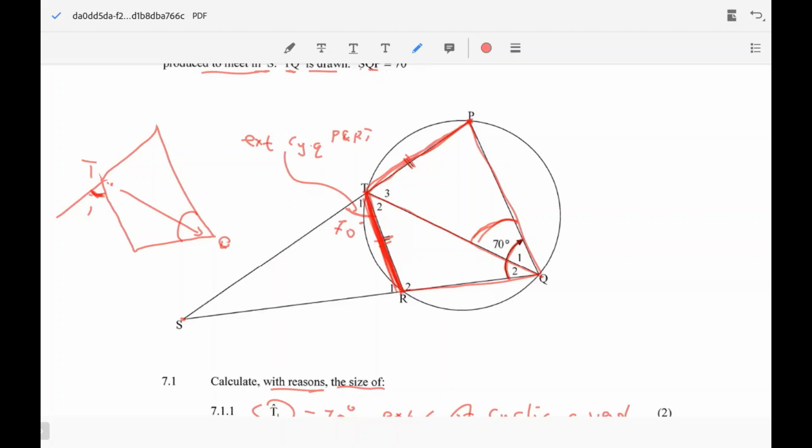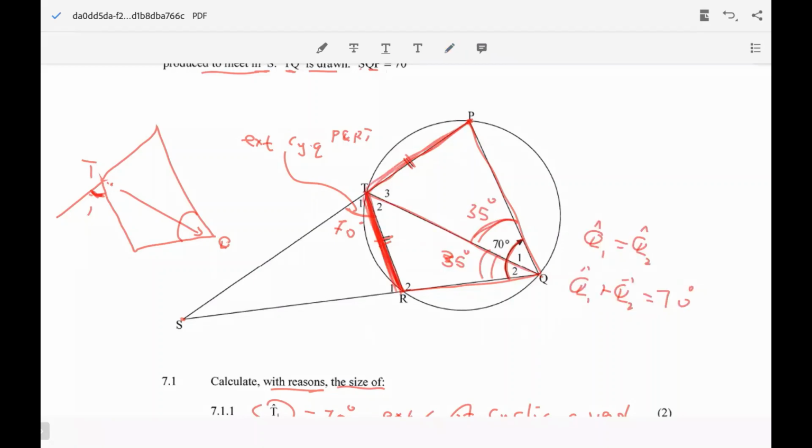And remember from our theorems and their corollaries, equal chords will always subtend equal angles. So our angle Q1 is equal to angle Q2. Since Q1 plus Q2 add up to 70 degrees, angle Q2 would be 35 degrees, and also Q1 would be 35 degrees.